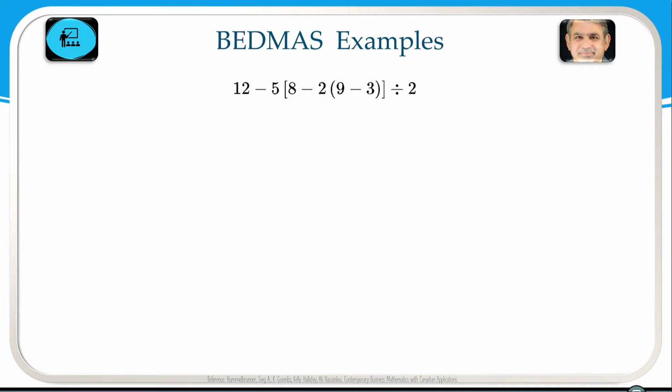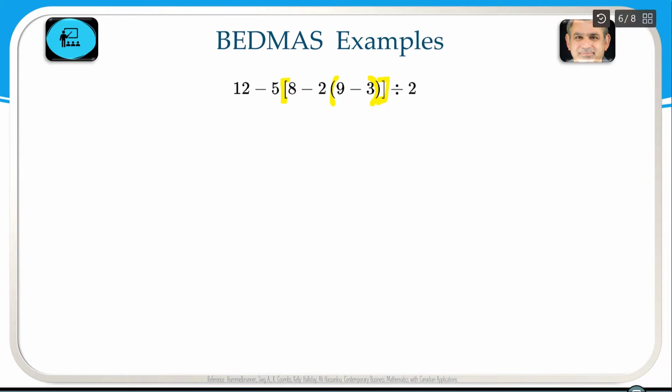Before moving on, let us do a challenge question. This question has two brackets, or grouping signs. So there are two grouping signs or brackets. So first of all, we solve the brackets.